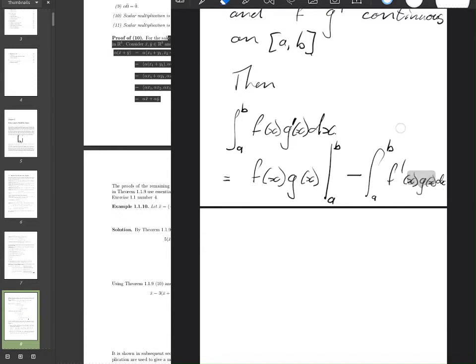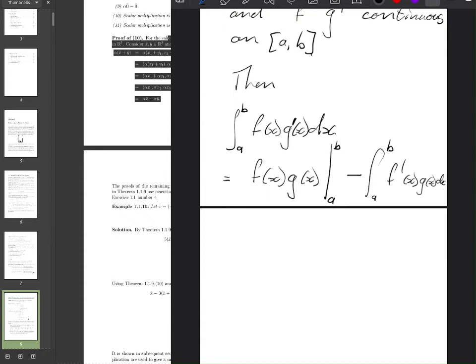So that is the idea. If we are confronted with an integral of this form that we cannot do, we can transform this integral by moving this derivative to the other function and keeping in mind how to do that. And hopefully that will make computing our integral a little bit easier.